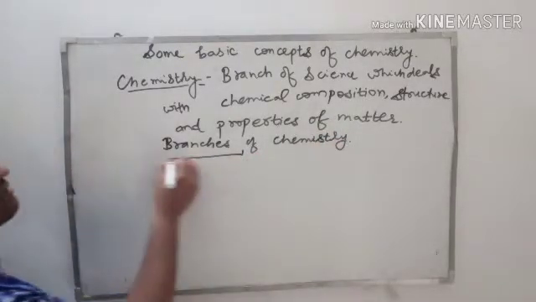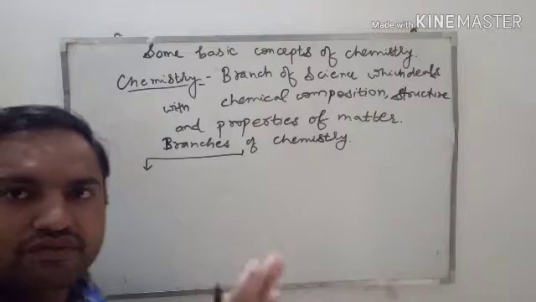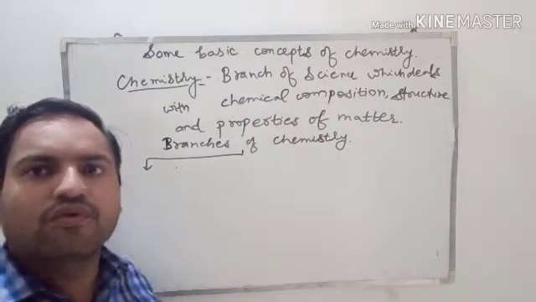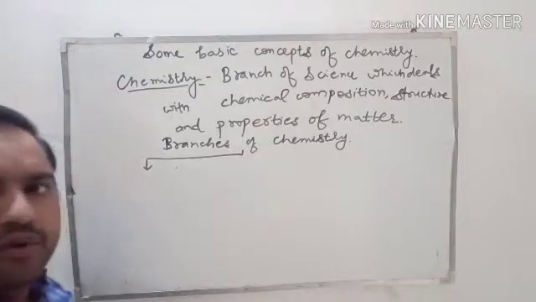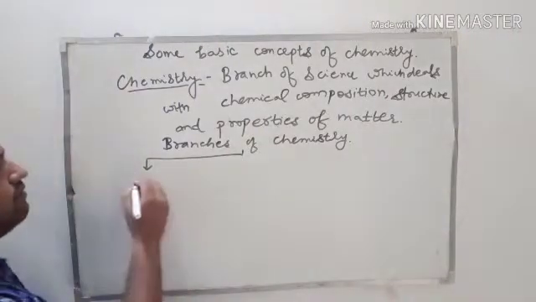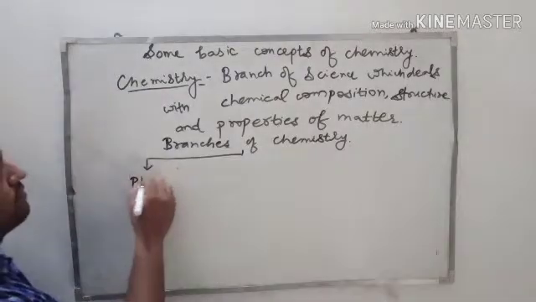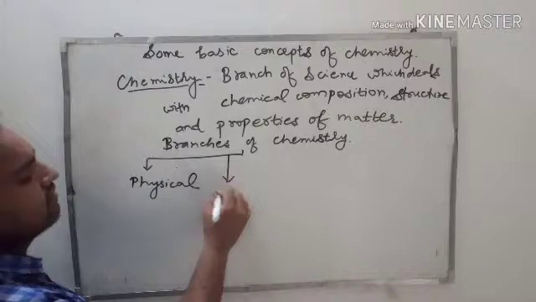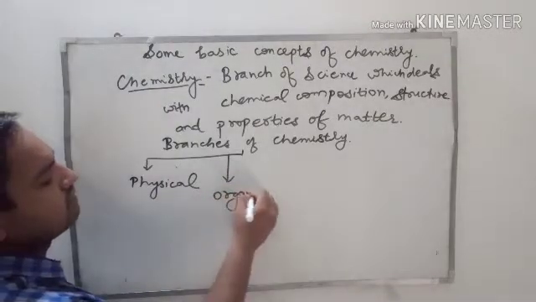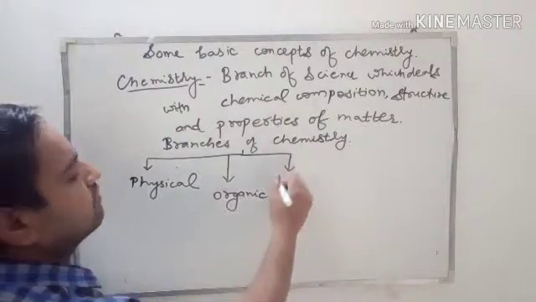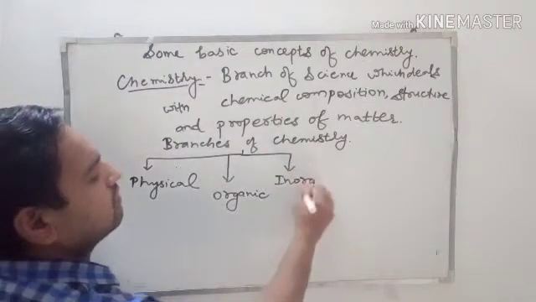Basically, there are three main branches: physical chemistry, organic chemistry, inorganic chemistry. But still, as a whole, we can study on a broader level. If we look, then we can classify in different parts. Likewise, first physical chemistry, then inorganic chemistry and organic chemistry. We will take it one by one.